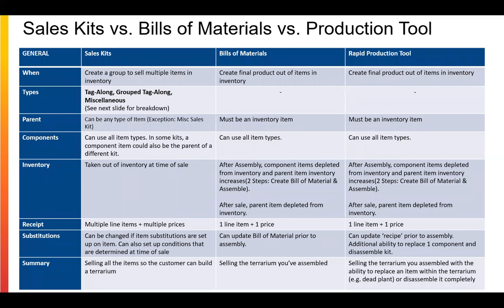And so there are a lot of details when choosing between sales kits and bills of material and the Rapid production tool. We know this is a lot of data, and so we've tried to consolidate it all here in this matrix, and you'll have access to this presentation and the slides later.